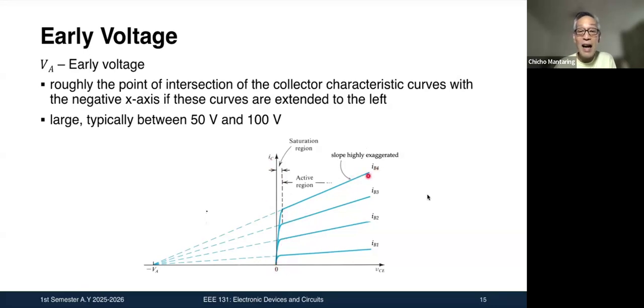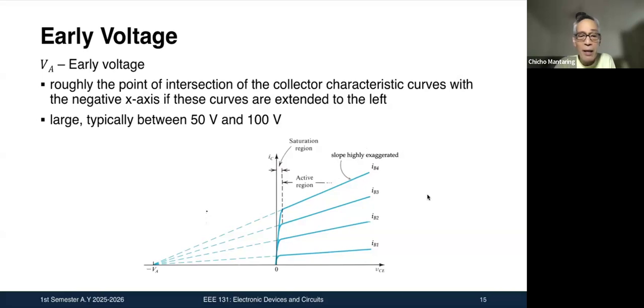Now, if we extend this line, extend this line, extend this line, extend this line, they will all seem to converge at a certain point. And that point is the negative of your early voltage. This point is minus V sub A, the negative of your early voltage. And that voltage will typically be large, anywhere between 50 and 100 volts.